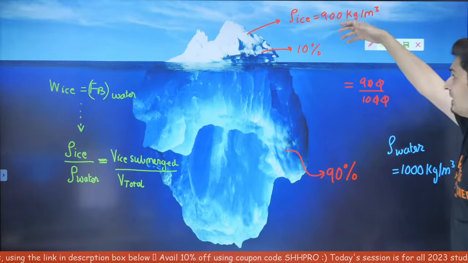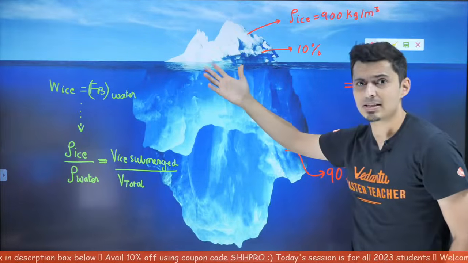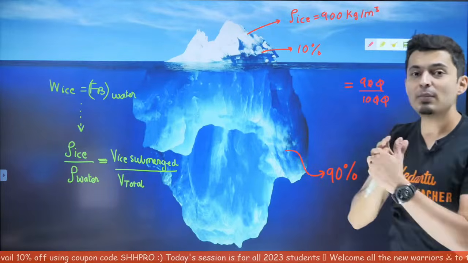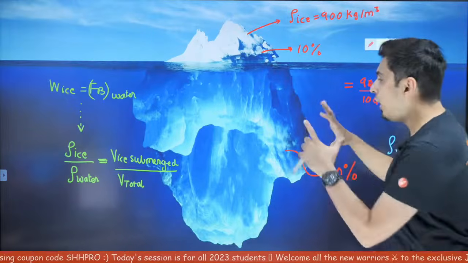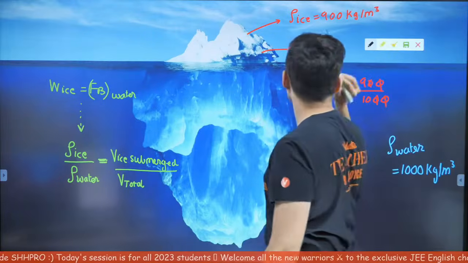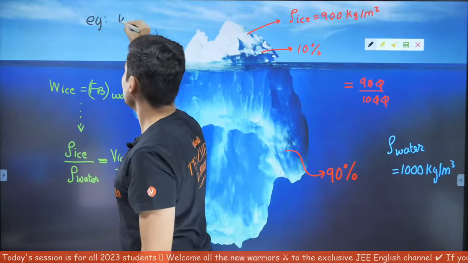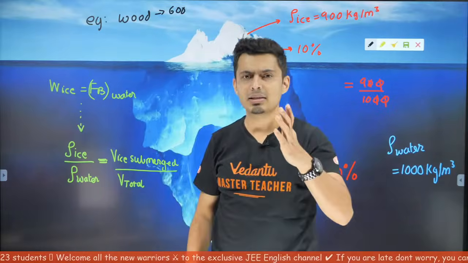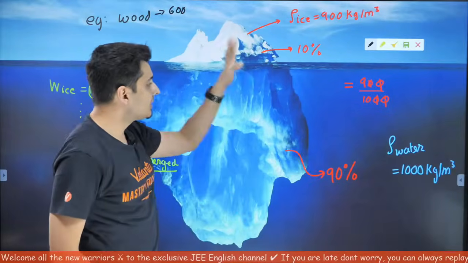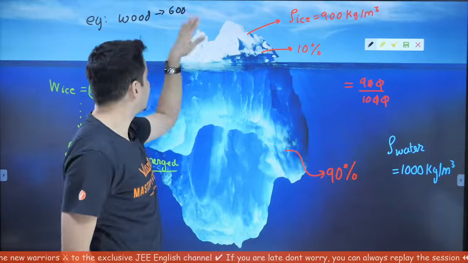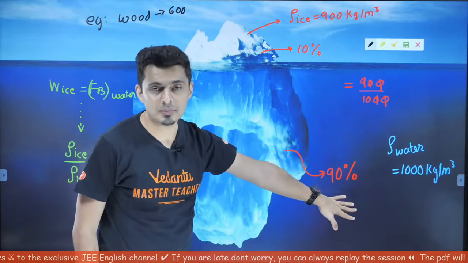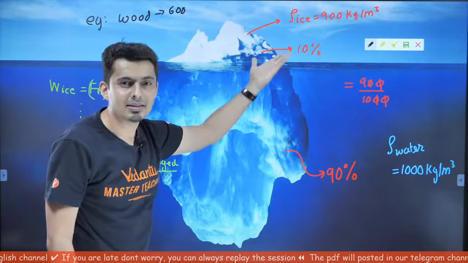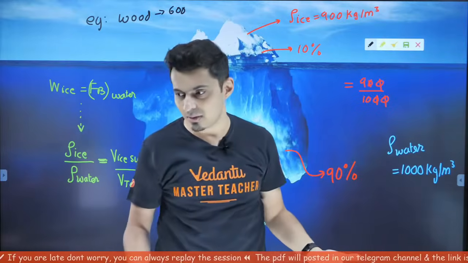Because whenever water is given and some other object is immersed in it, if you know the density of that object, immediately you know in percentages how much percent is immersed. For example, if somebody tells you it's wood whose density is 600, you should immediately think 600 is 60% of 1000. That means 60% of the wood will be inside, 40% will be outside. Isn't it making things very simple?